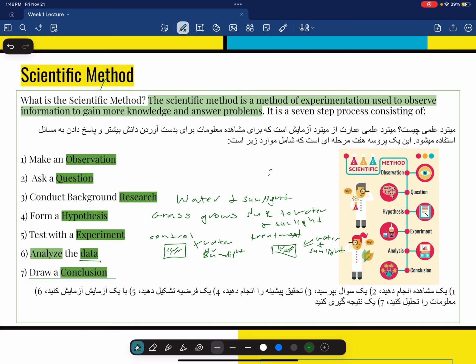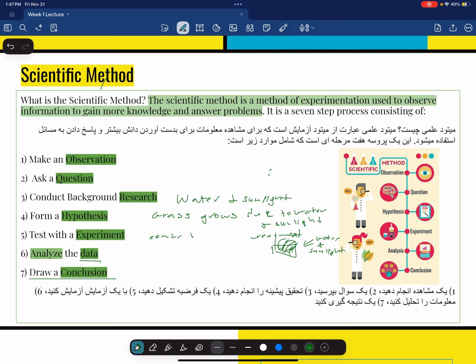Our data shows that in the control group, all the grass died. And in the treatment group, the grass grew, right? From this, we analyze the data that we just got, which is that all the grass died in the control group and all the grass grew in the treatment group, and we draw a conclusion. Which conclusion can we draw?